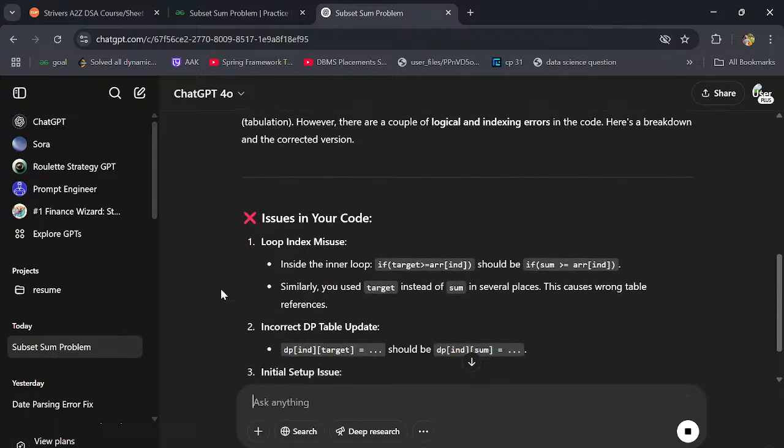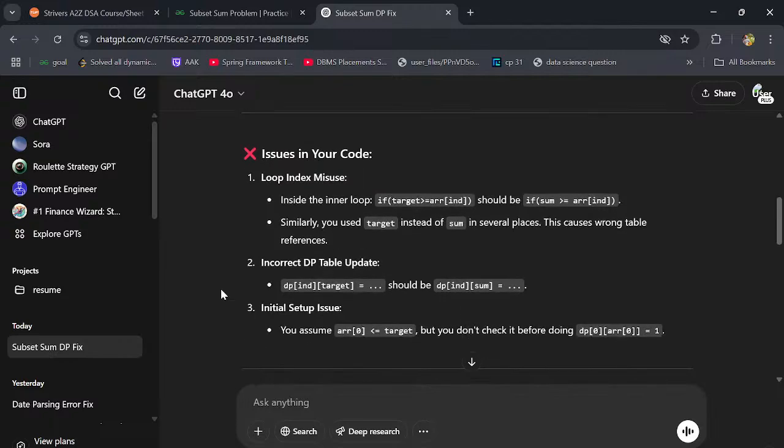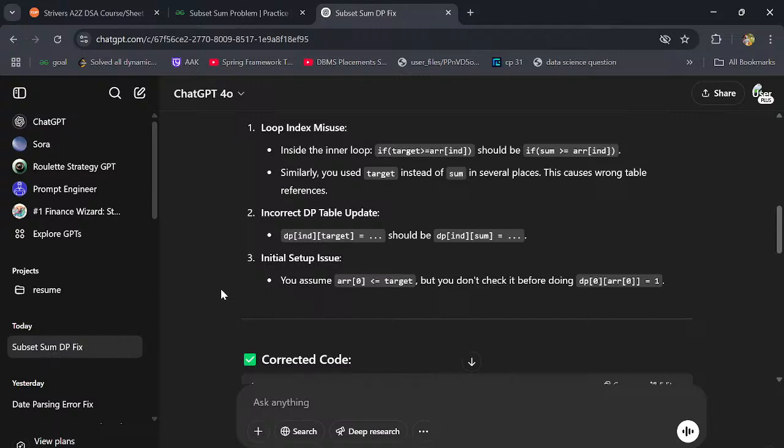Loop index. Yeah, its sum is greater than. Okay, that's correct. Similarly, you use target instead of sum in several places. But you are assuming that array of 0 is less than the sum, but you don't check it before.